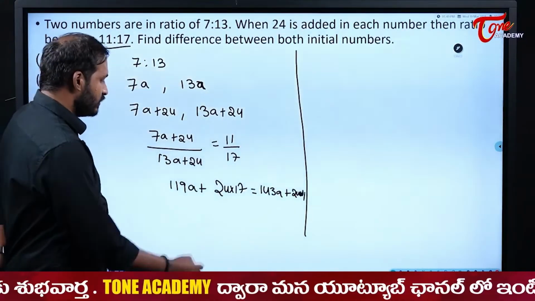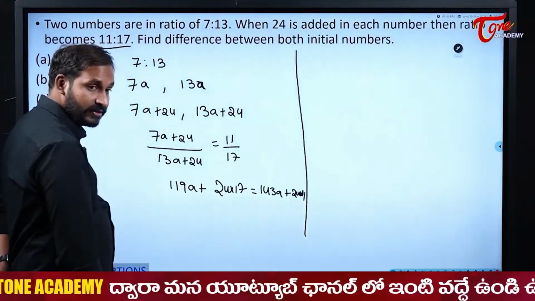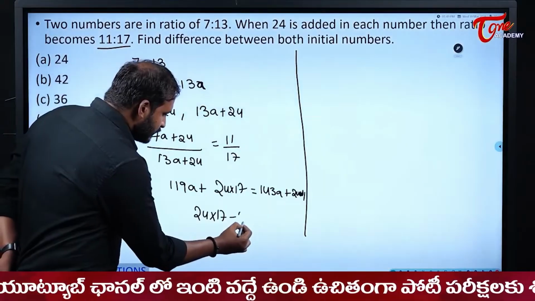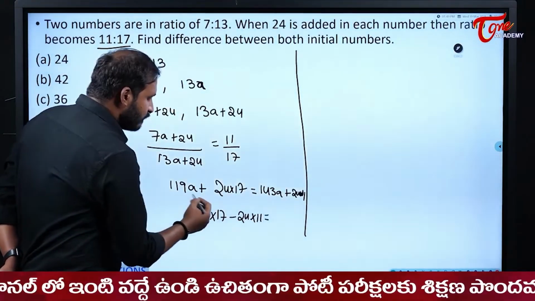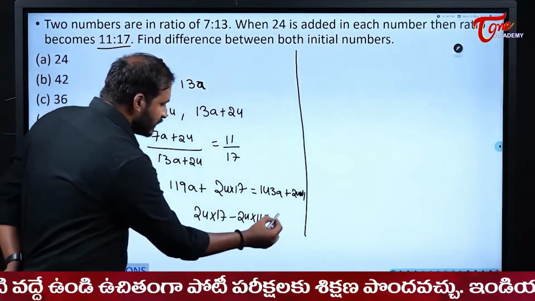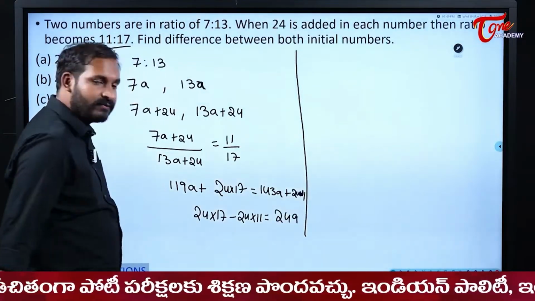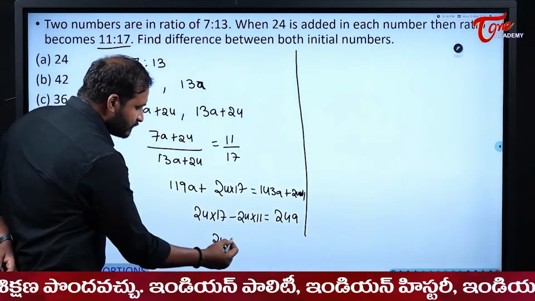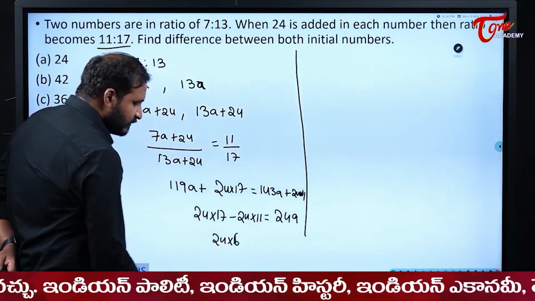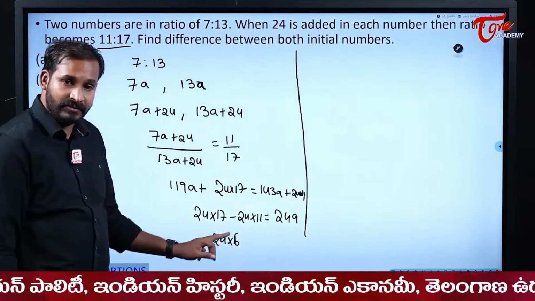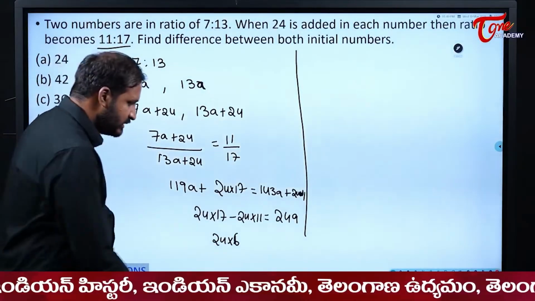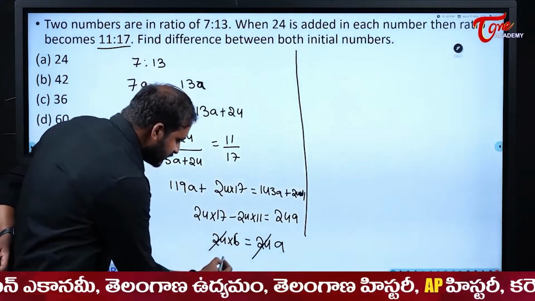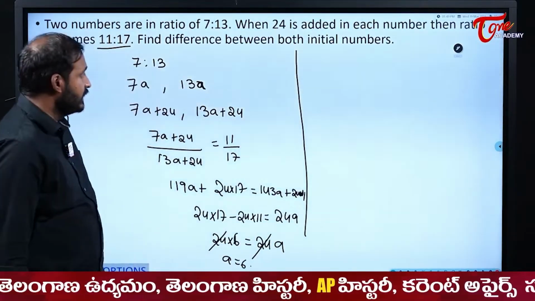Now I will send this 119a to that side and 24 into 11 to this side. So it becomes 24 into 17 minus 24 into 11 equals 143a minus 119a, which is 24a. Now if I take 24 common, I have 17 minus 11, which is 6. So 24 into 6 equals 24a. The 24 and 24 get cancelled and the a value you get here is 6.